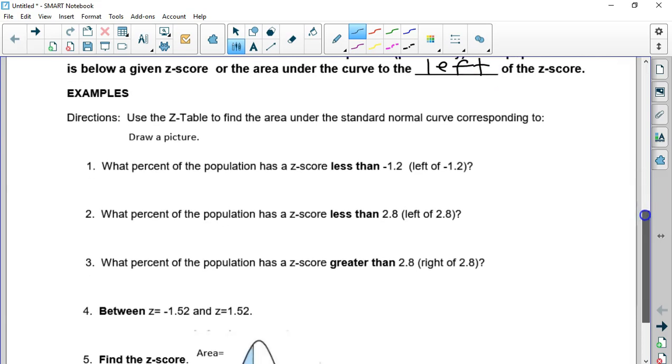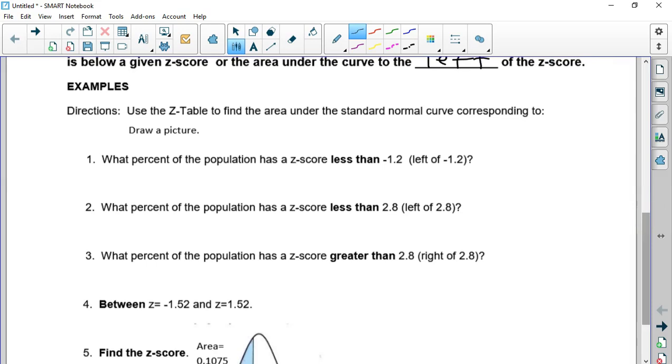So, directions. Use the z-table to find the area under the standard curve corresponding to each of these situations. And we're going to draw a picture each time. So, 1. What percent of the population has a z-score less than -1.2? Left of -1.2. So real quickly, it doesn't take very long to do this. You just make your little bell, and you just draw some lines, all right?